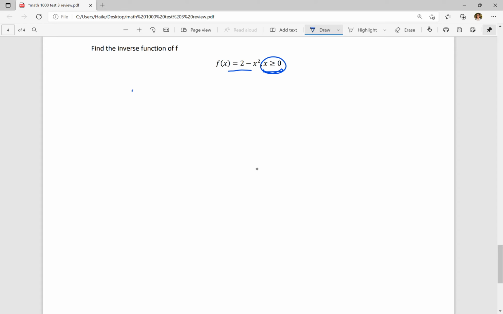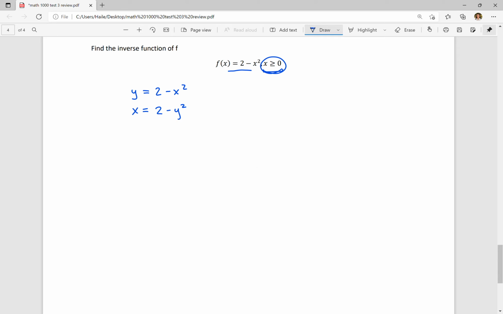So the first thing we want to do is write our function with a y instead of f of x. So we'll write y is equal to 2 minus x squared. And then we want to flip-flop the position of x and y. So we'll rewrite x is equal to 2 minus y squared. And then we want to solve for y. So we can subtract the 2 over.